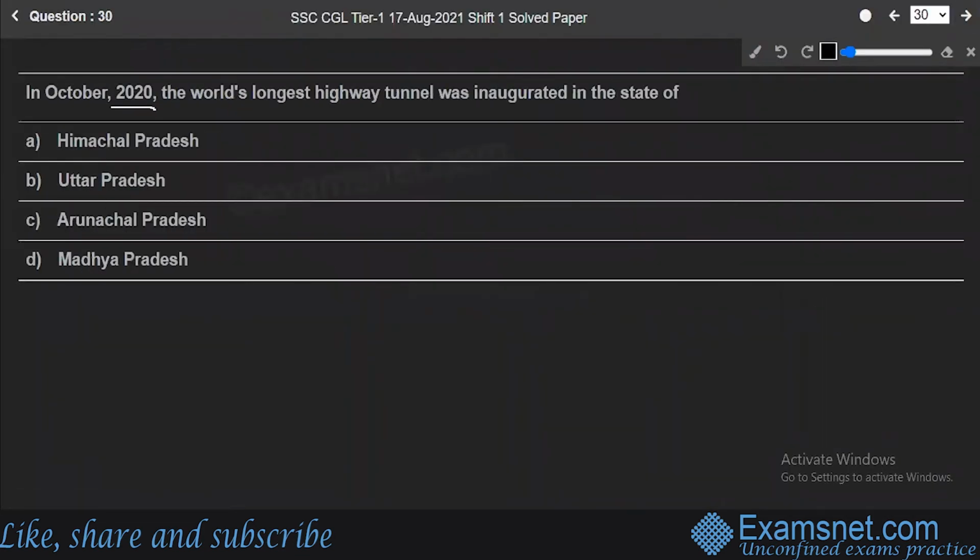In October 2020, the world's longest highway tunnel was inaugurated in the state of Himachal Pradesh, Uttar Pradesh, Arunachal Pradesh, or Madhya Pradesh. See, PM Narendra Modi inaugurated the world's longest highway tunnel, that is Atal Tunnel in Rohtang.